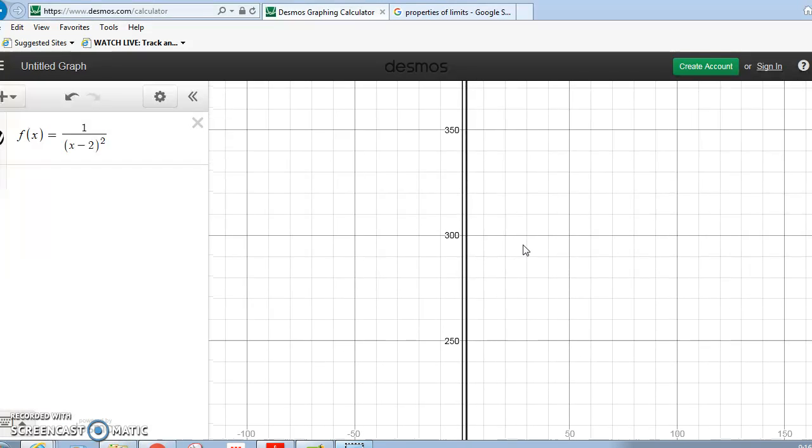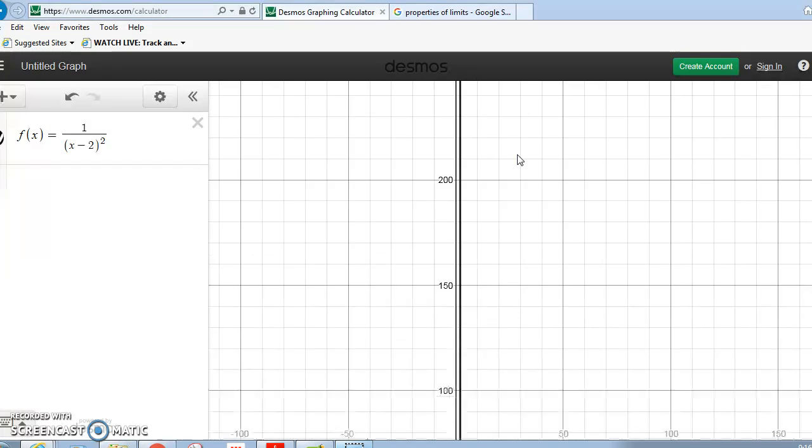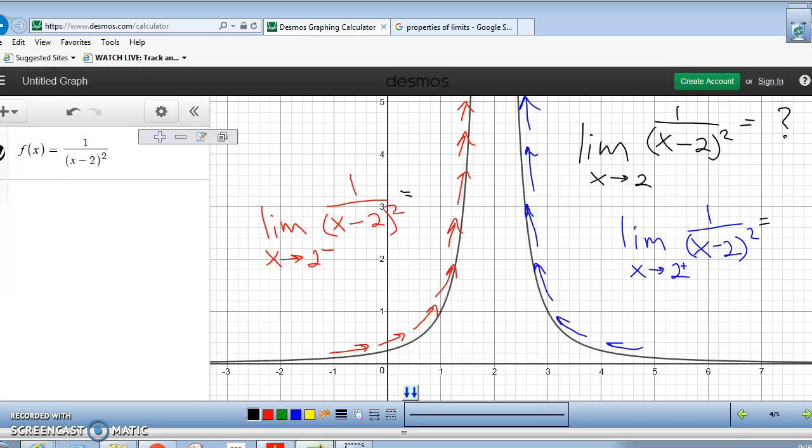Okay? So this one, we say that the limit as x approaches 2 from the negative side goes to positive infinity. And the same thing, the limit as x approaches 2 from the positive side, it goes to positive infinity.